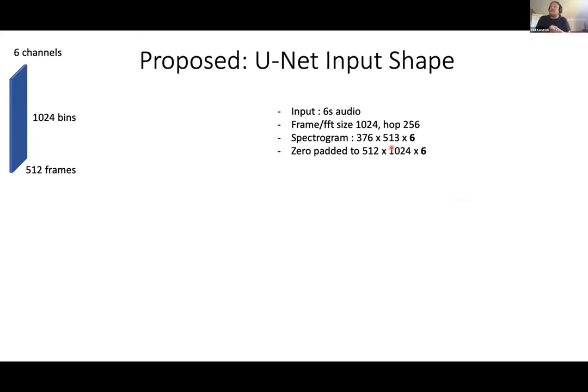I zero pad the input so that it is a power of 2. One important aspect of the Unet is that it performs continual downsampling by a factor of 2 as you travel through the network, and then continual upsampling by a factor of 2. So having the dimensionality be a power of 2 is quite helpful.